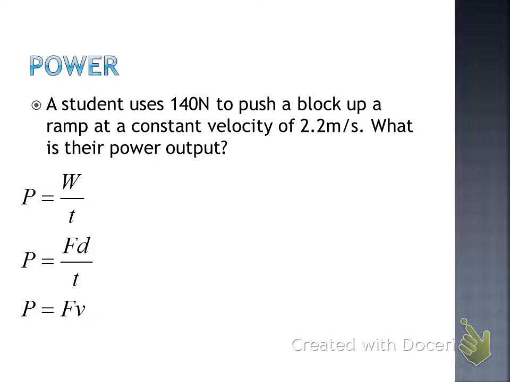So let's look at this problem here. A student uses 140 newtons to push a block up a ramp at constant velocity, 2.2 meters per second. What is their power output? Here we're not as concerned with displacement and time because we took velocity into account, which already takes those two things for us.